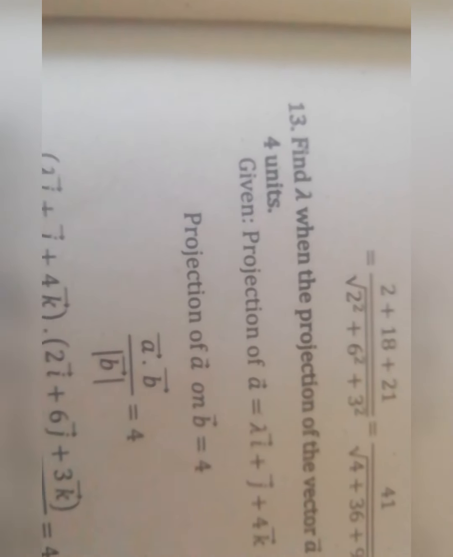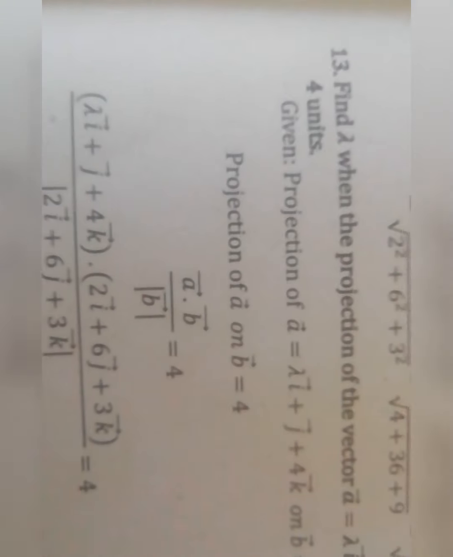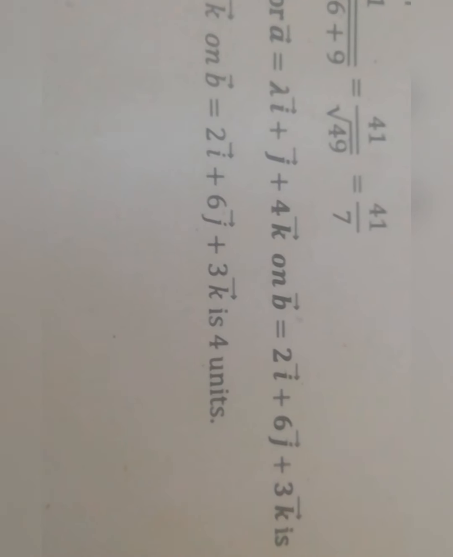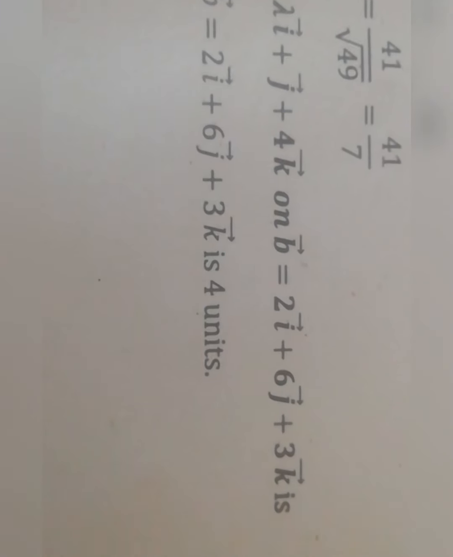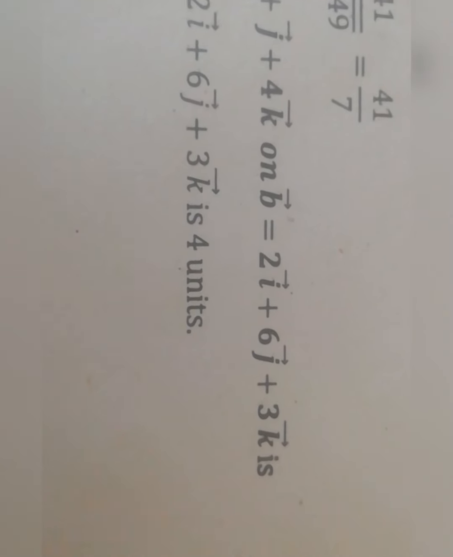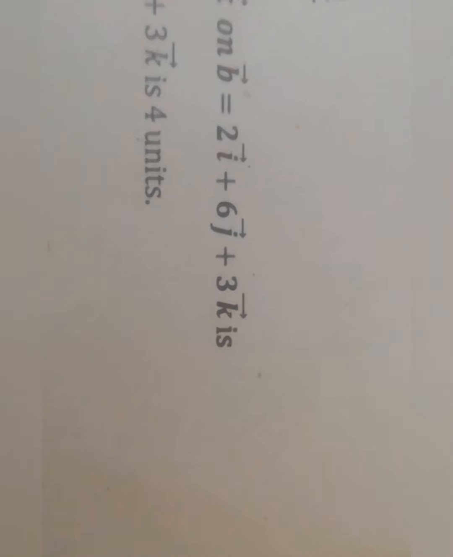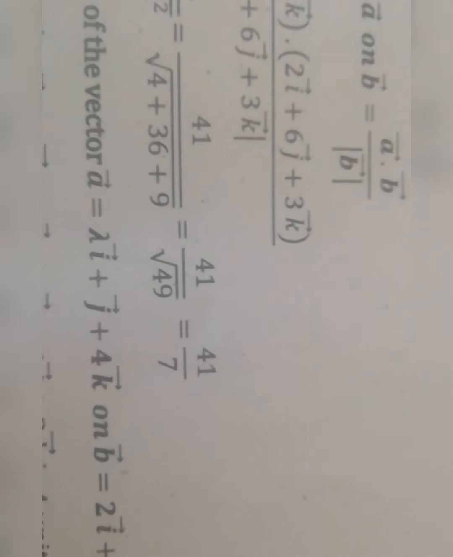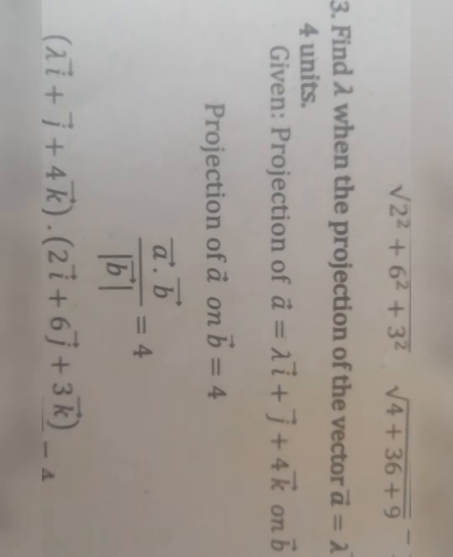The next problem: find lambda when the projection of the vector a equal to lambda i plus j plus 4k on b vector 2i plus 6j plus 3k is 4 units. That means that's the answer. In the previous problem we got the answer 41 by 7, no? In this problem they have given the answer.